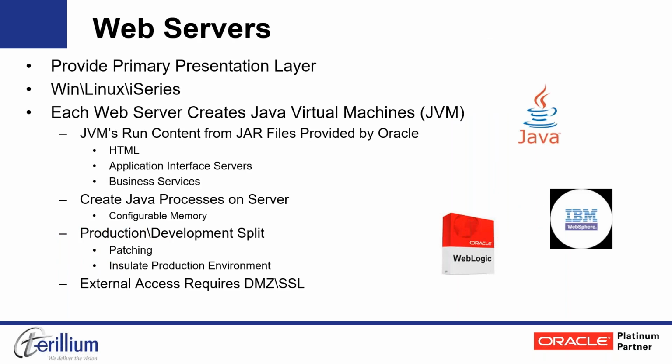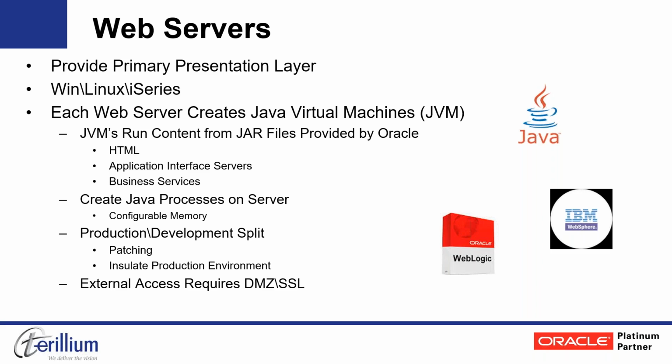Okay. So the first thing we'll discuss at the architectural level then is our web servers that provide that primary presentation layer. Again, it can be on Windows, Linux, or an iSeries. It's basically Java programs running on any of those platforms. And we create containers within these web servers that host different pieces of the JDE system.